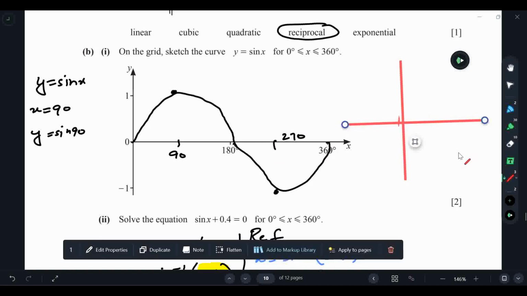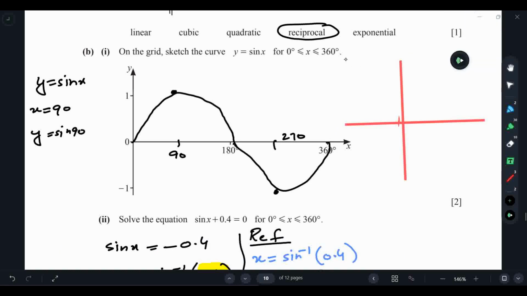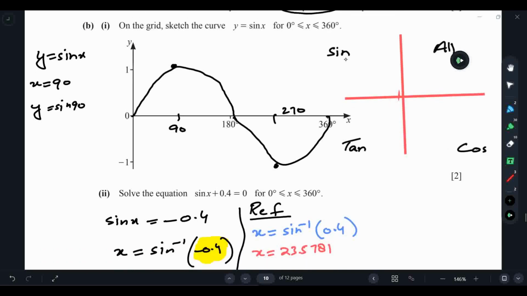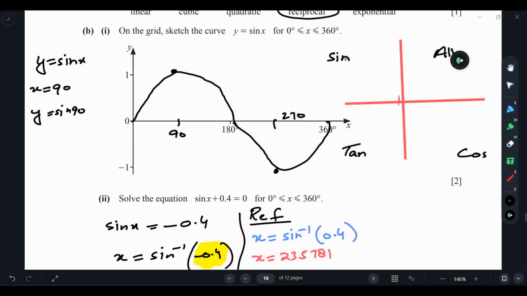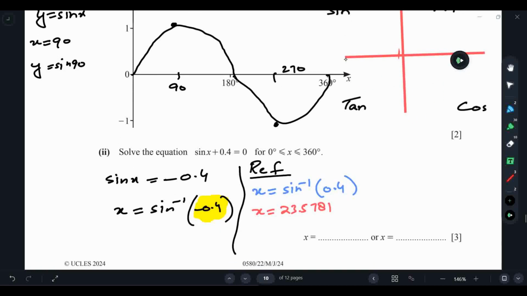Now CAST means what? We have to write it like this, C, A, S and T. Now in this quadrant, cos will always be positive. In this quadrant, all will be positive. Sine will be positive and tan will be positive. Now the reference angle is 23.5781. Now we have to see that sine is negative.